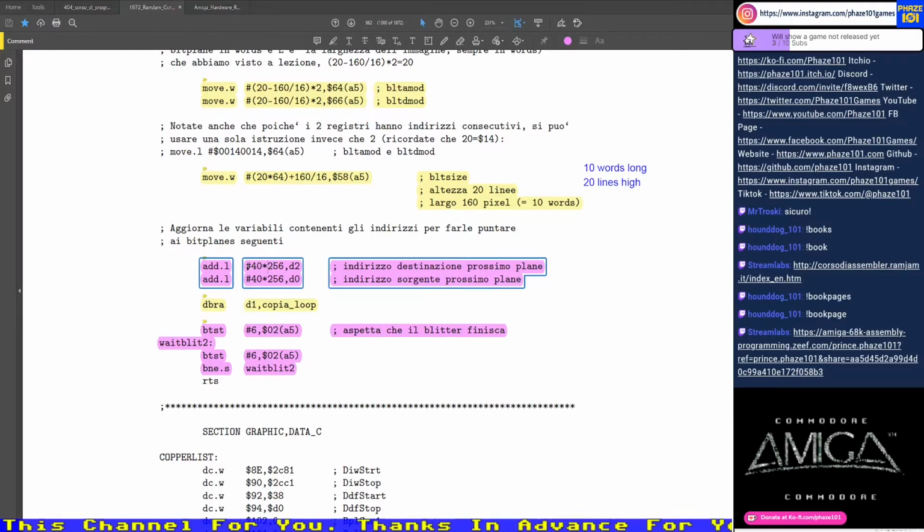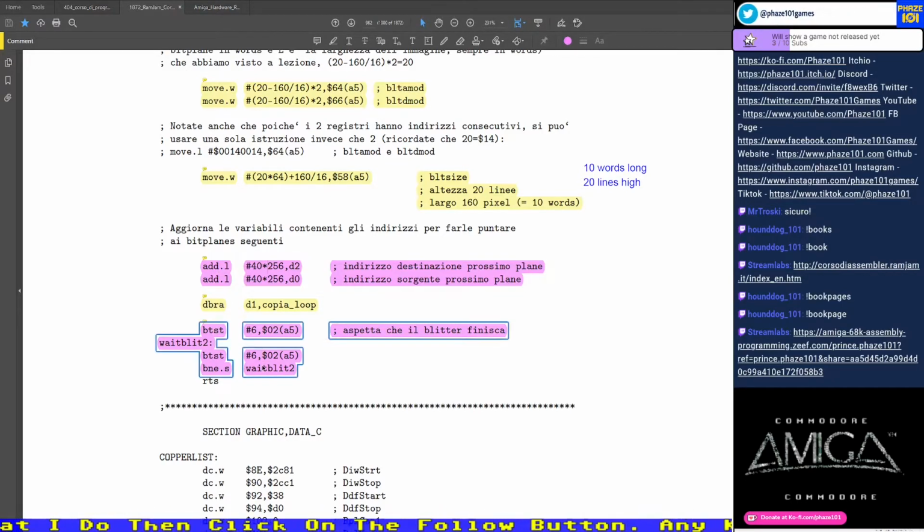So that is how much we need to add for the next bit plane. We were doing bit plane 1, now we're going to do bit plane 2, but the difference is always the same, always 40 times 256.